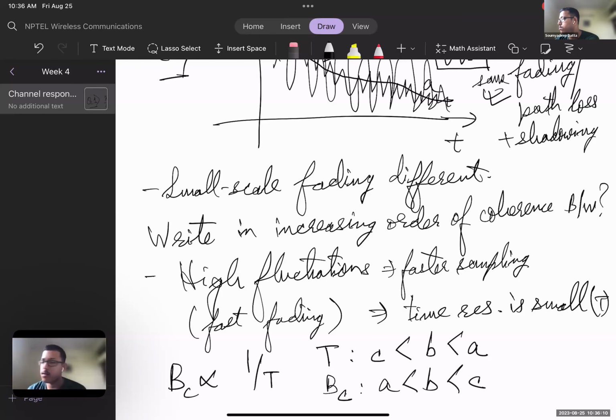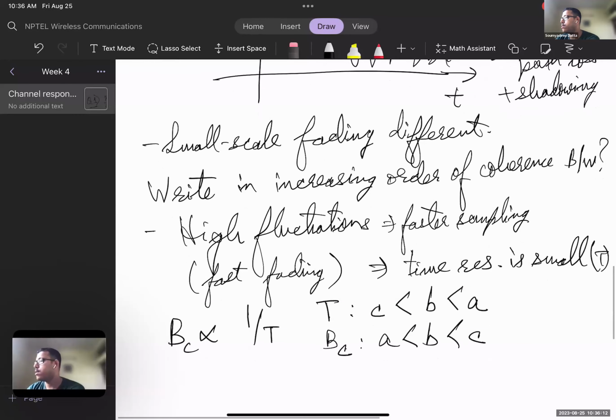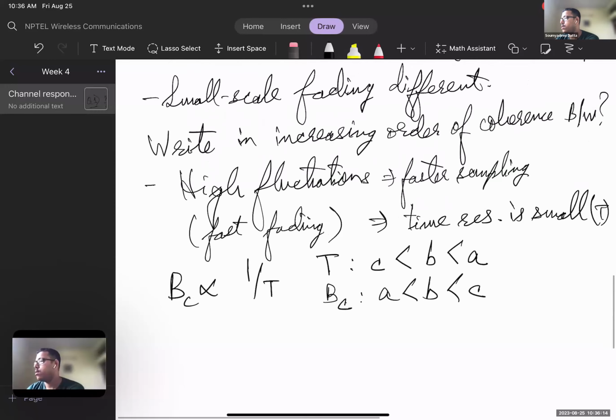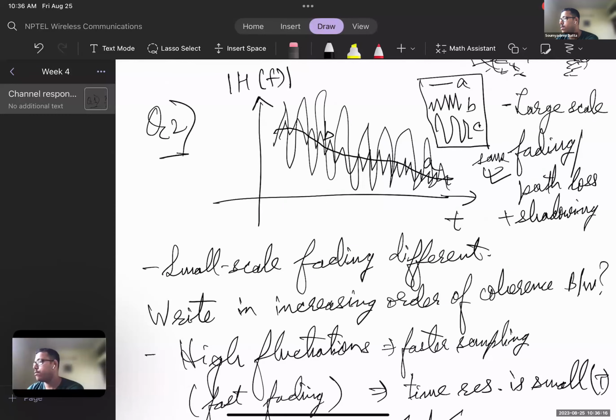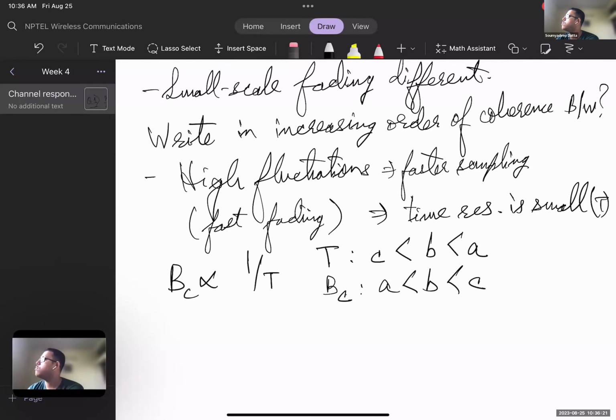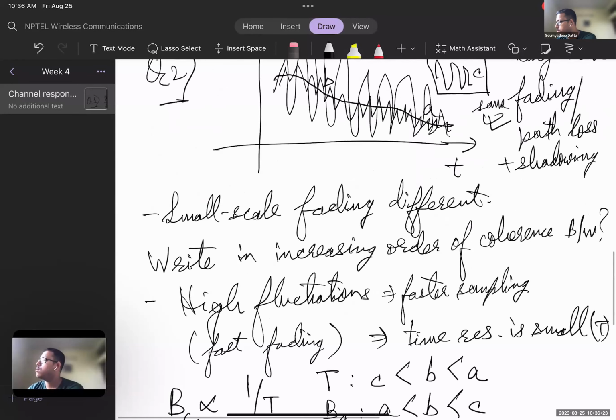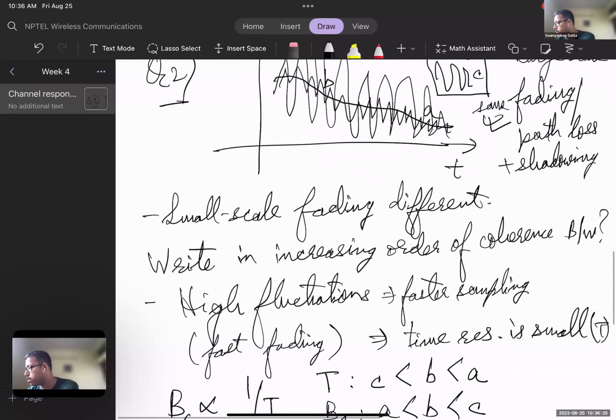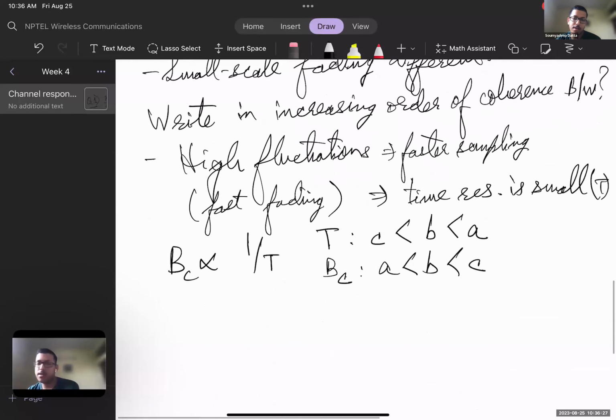Is this clear? Essentially, in the time domain, if you have a DC signal, it means its frequency is zero, right? So all of the magnitude is concentrated at frequency zero.